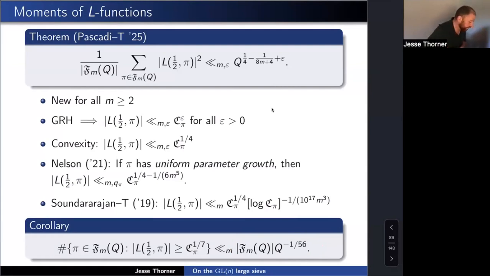So the savings here is completely independent of m, in contrast with, for example, what Nelson proved. The savings here is independent of m. It's an absolute savings over the convexity bound 1/4, and we obtain this almost always.